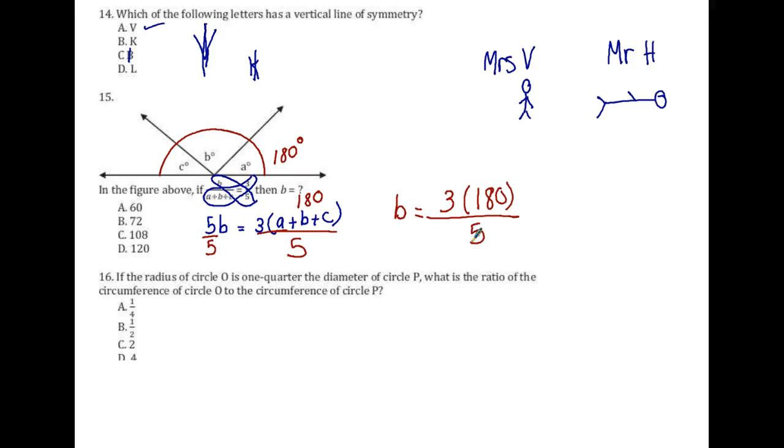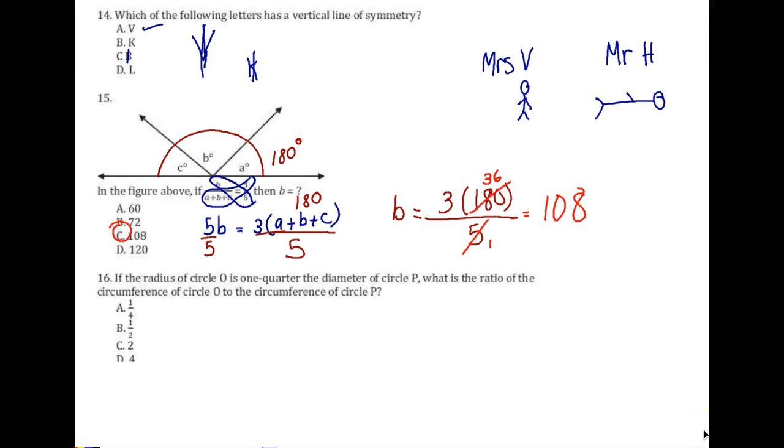Now, we can simplify this, instead of dealing with big numbers, because if I multiply 3 times 180, then divide by 5, this is huge. So, what you can do is simplify the 180 by 5 first and say, okay, divided by 5, that's a 1, 180 divided by 5 is 36. Then you multiply 3 times 36, which will be 108, which is C.